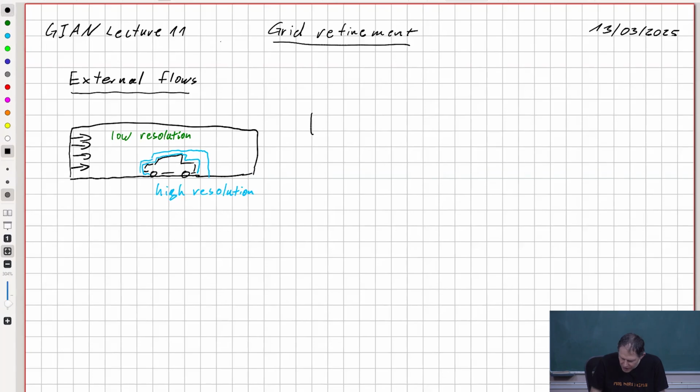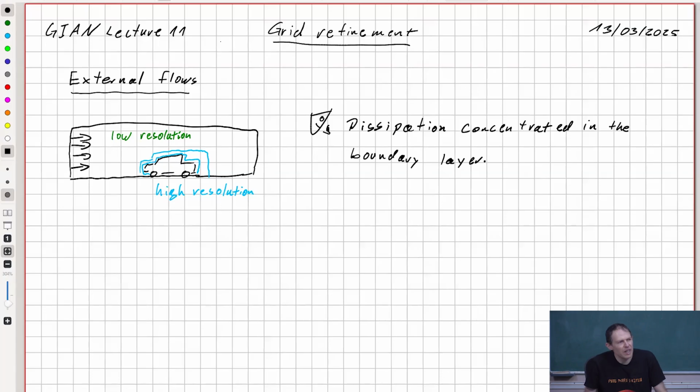to the surface. And the reason for this, of course, is that dissipation, so lots of the dynamics in the flow, is concentrated in the boundary layer. So you either have a very good boundary equation.